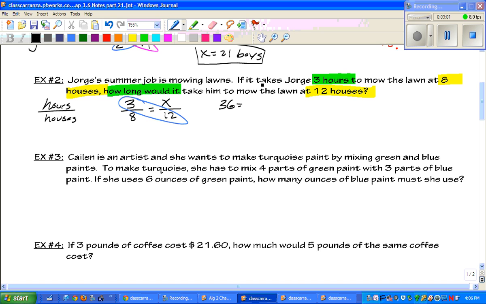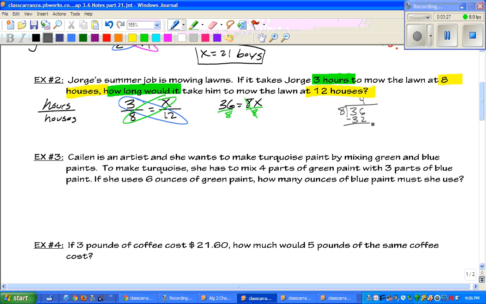We get 36, and the other way, we get 8x. Now, to solve, get the x by itself. 36 divided by 8, does that go in evenly? So off to this side, 8 goes into 3, no times, but 8 goes into 36, 4 times.